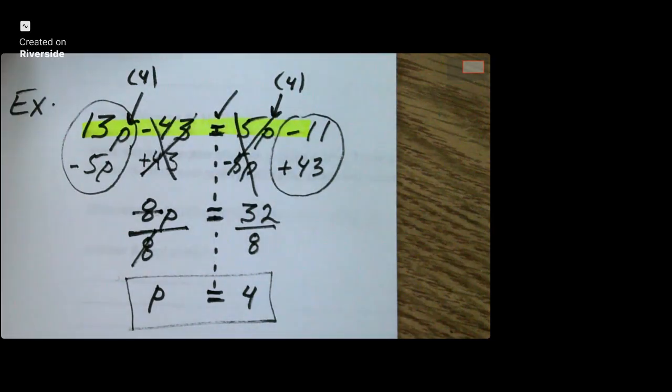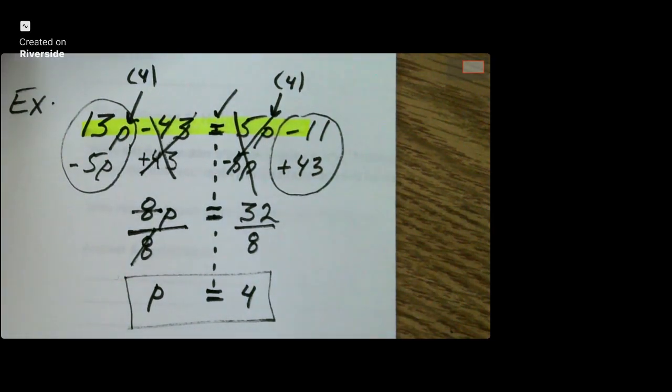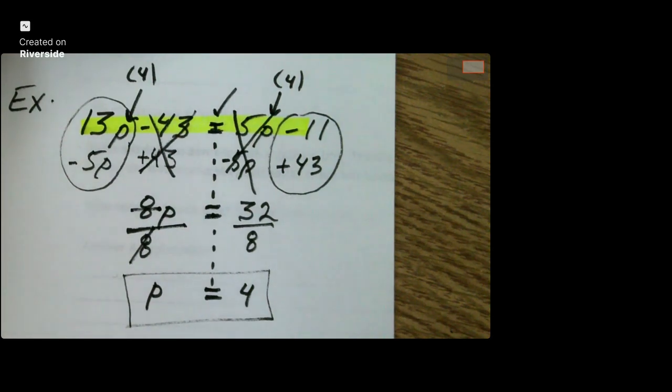The left side of the equation will equal the right side of the equation. So the great thing about solving equations is you can always check your answers, which is pretty nice. So there is an example of solving a multi-step equation using my methods. I hope this helps.